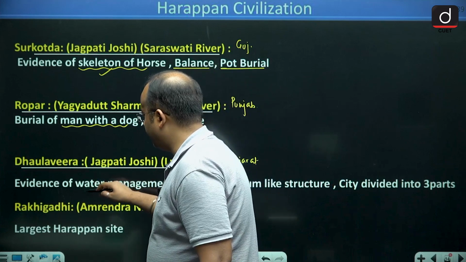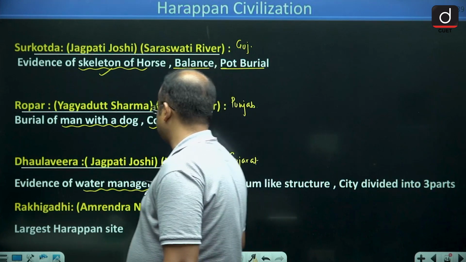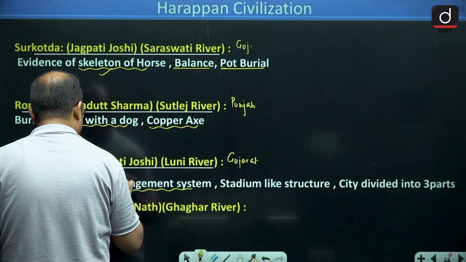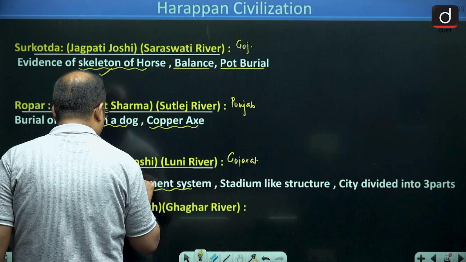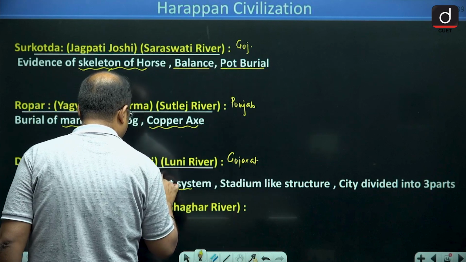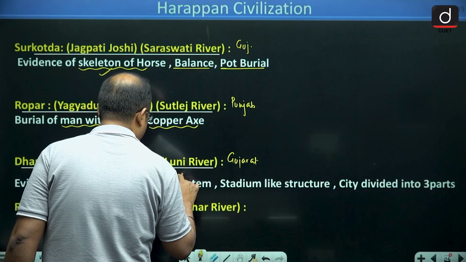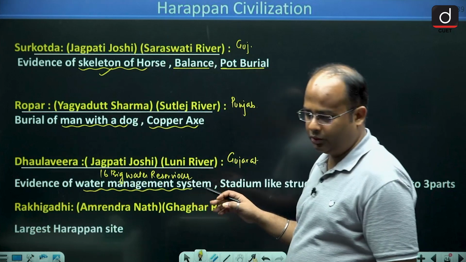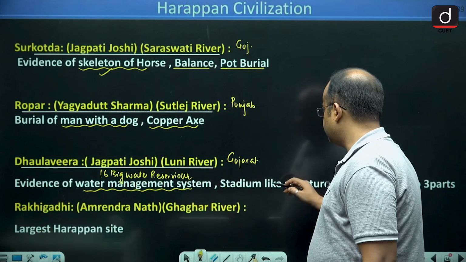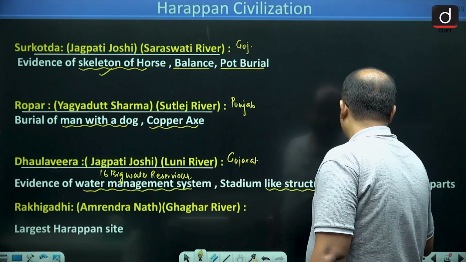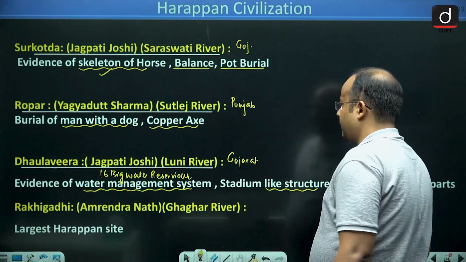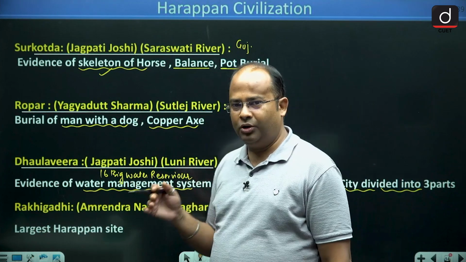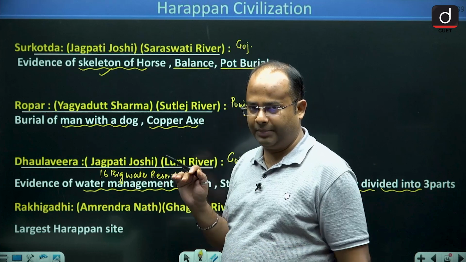We have found the evidence of a water management system. 16 big water reservoirs were found for water conservation, plus a stadium-like structure, and the city was divided into 3 parts. So it is the only city which is divided into 3 parts.